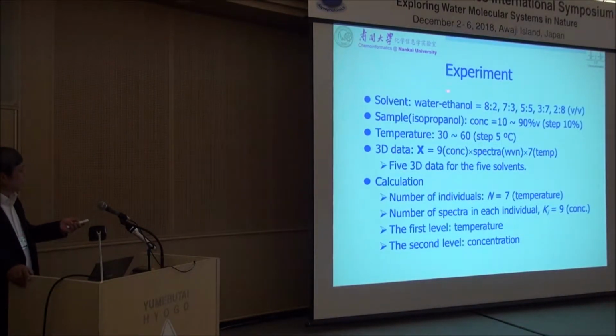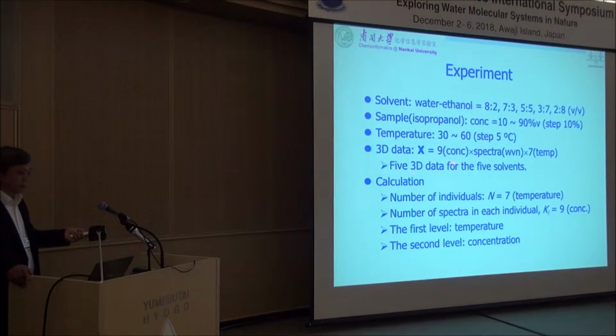So we did an experiment. We prepared 5 different solvents, and we prepared 9 samples containing an analyte. And we measured each sample at temperatures from 30 to 60 degrees in steps of 5 degrees. In this way, we can obtain 5 3D datasets.